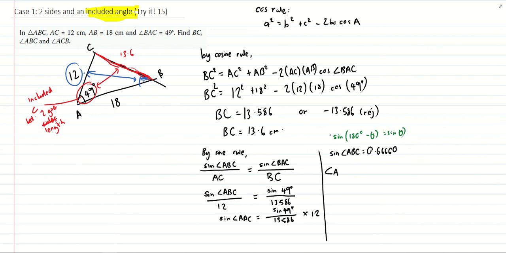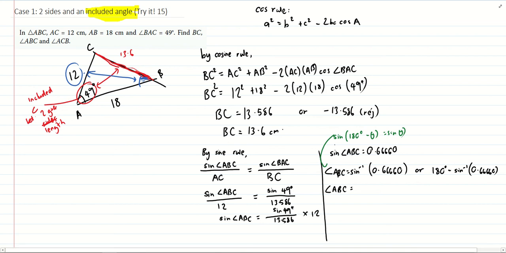Because of this fact, we will have angle ABC is either equal to sine inverse 0.66660 or 180 degrees minus sine inverse 0.66660.